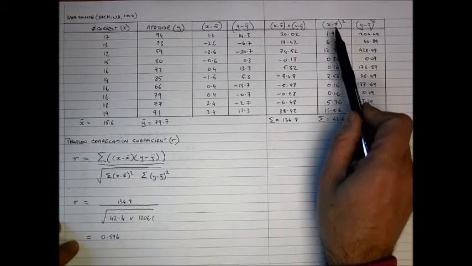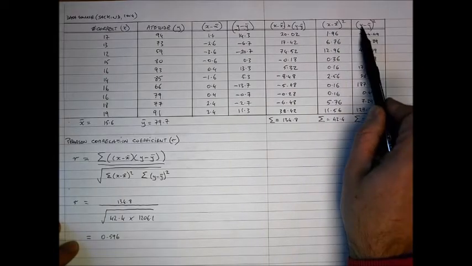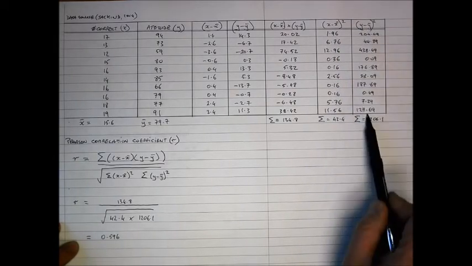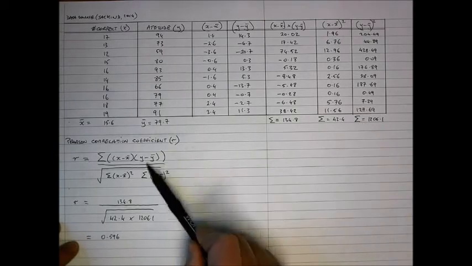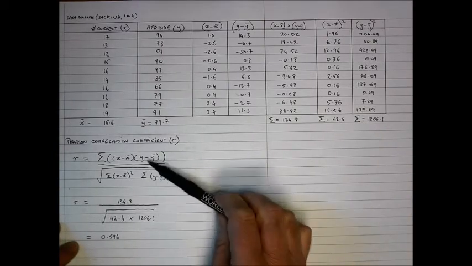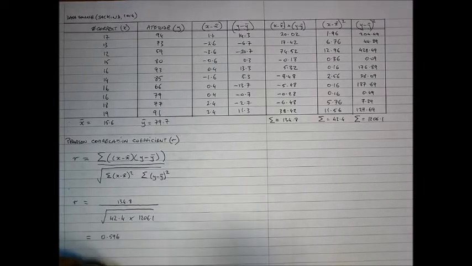I also have the sum of X minus X bar squared for all values of X, and the sum of Y minus Y bar squared for all values of Y. These are my summed values here, and they were plugged into my correlation formula over here, and gave me a correlation coefficient, R, of 0.596, which is a moderate to strong positive correlation. So now I'm ready to start the calculations that I need for my linear regression.